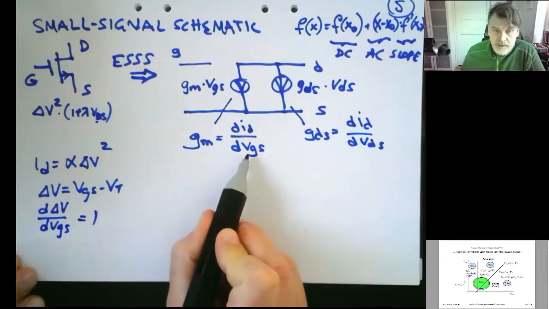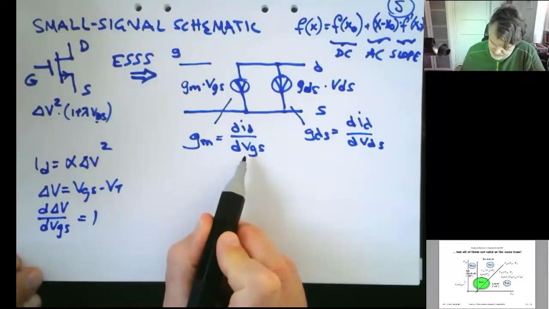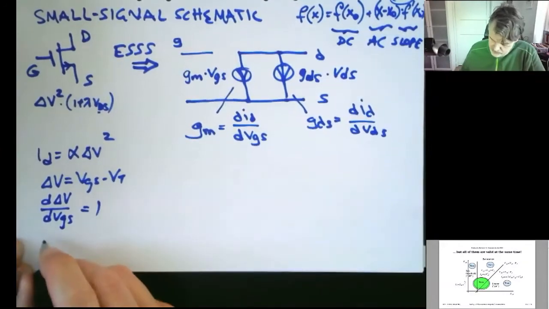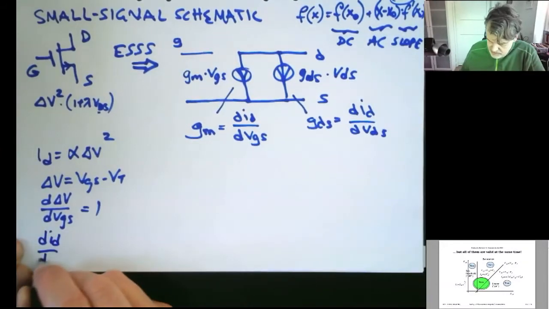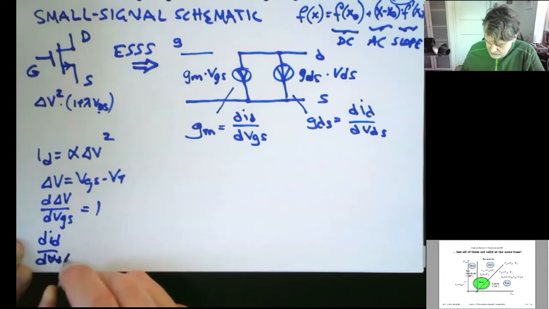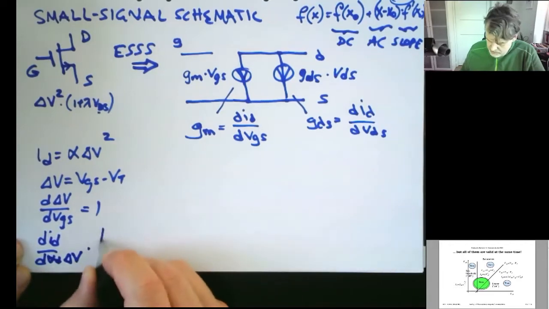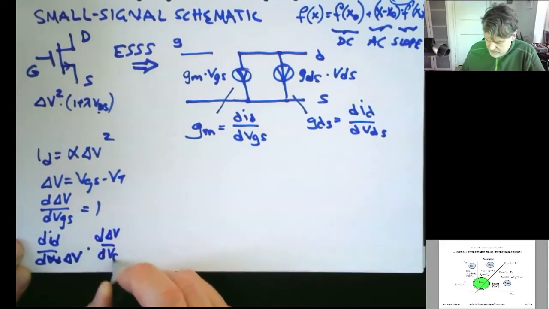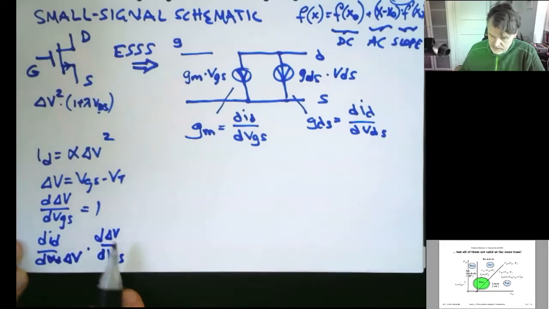So I can replace this dID over dVGS in a clever way. I can do dID over d delta V times d delta V over dVGS. And I know that this term is 1.